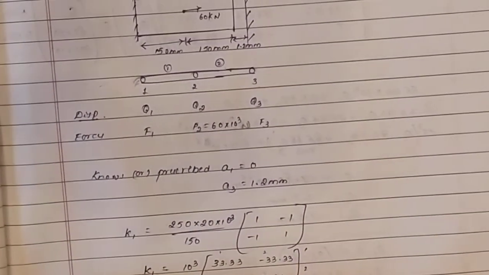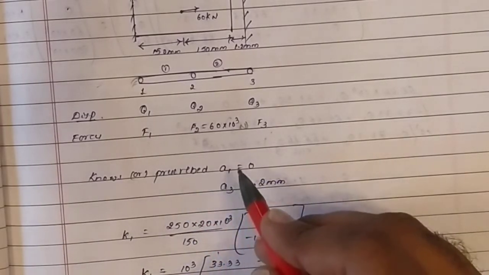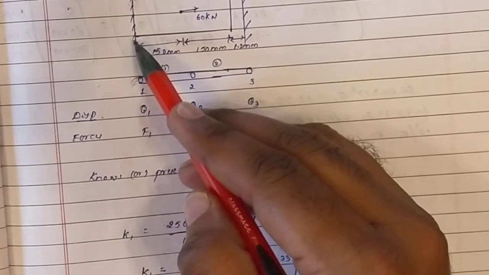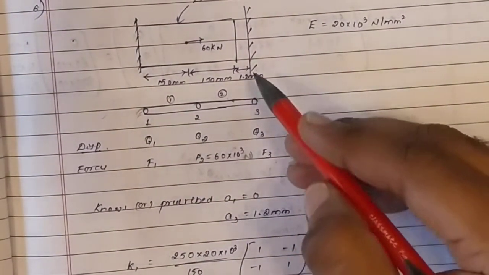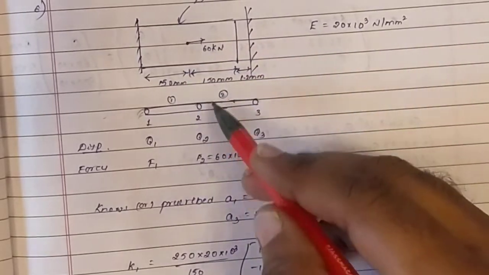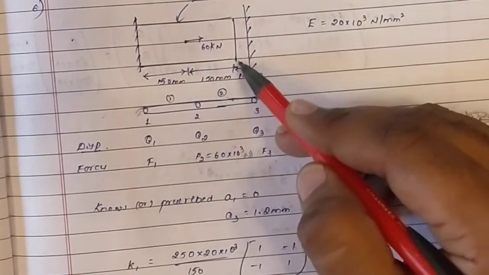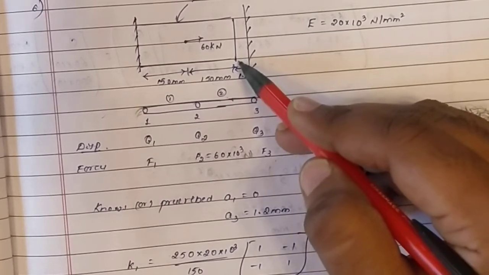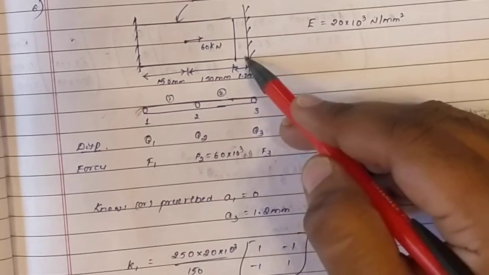Okay, so the known or prescribed displacements. A1 is the displacement at the first node. The first node is fixed, so A1 will be equals to 0. And the second node, there will be some displacement, which we have to find out. And the third node, A3. You can see here, this node can move a certain distance.